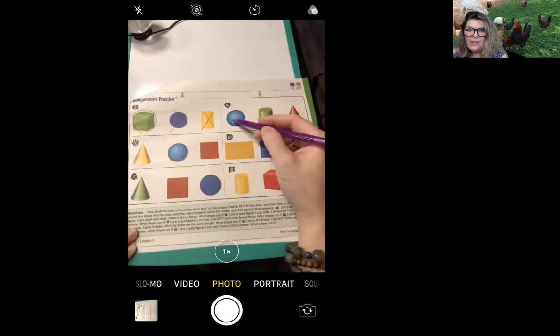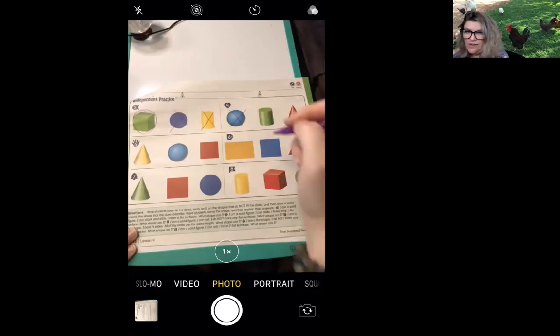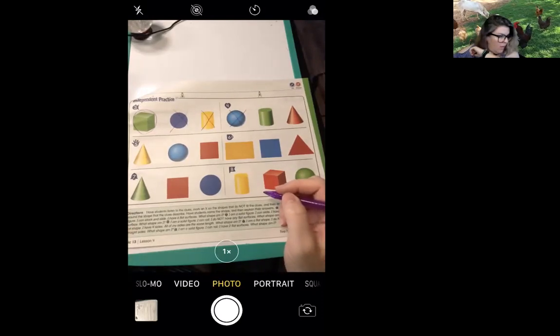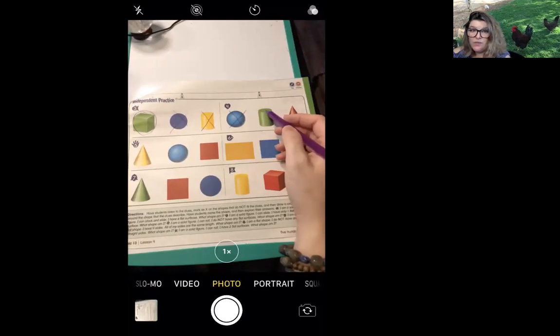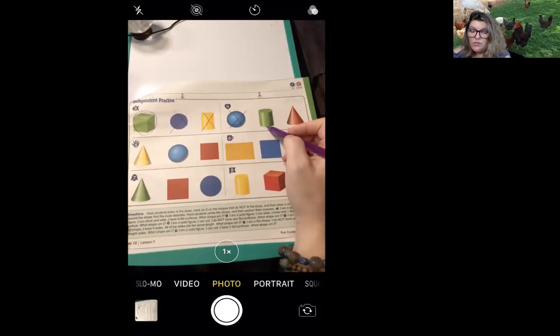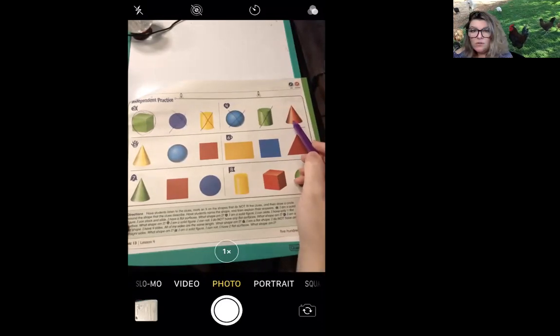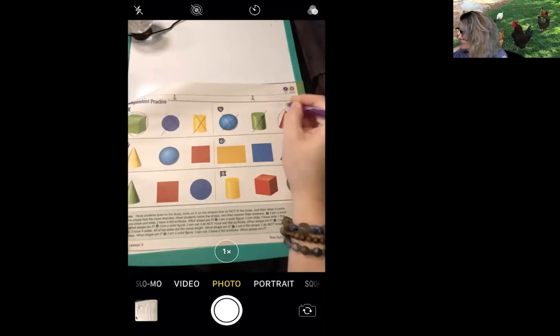Well, guess what? Spheres can't slide. They always roll. So not a sphere. And then it says, I only have one flat surface. Well, cylinders have how many flat surfaces? 1, 2. So it can't be the cylinder. Look, the cone only has one flat surface at the bottom that it sits on, right? So it's got to be the cone.